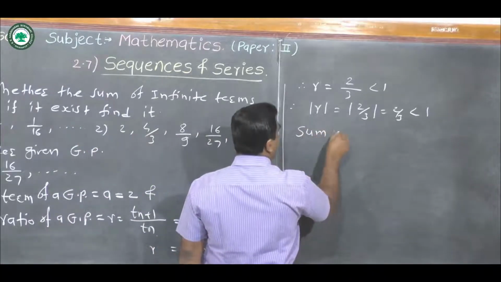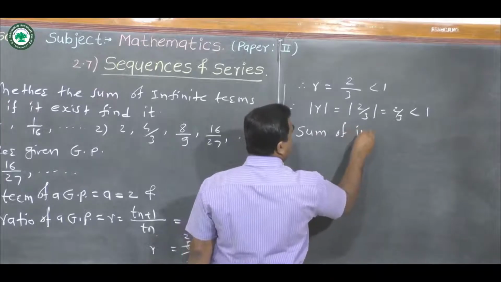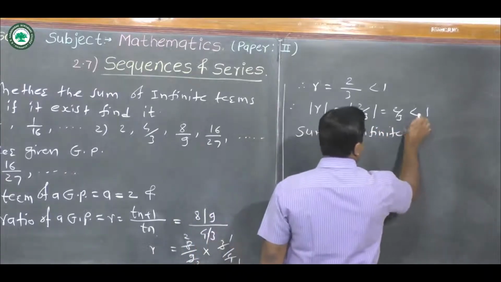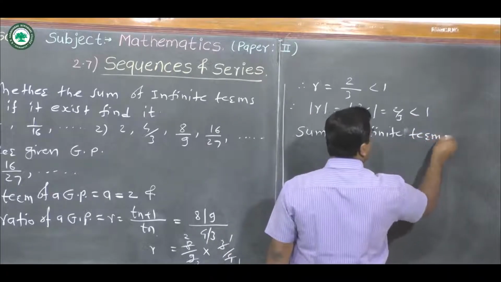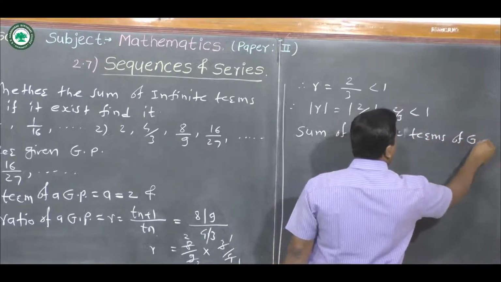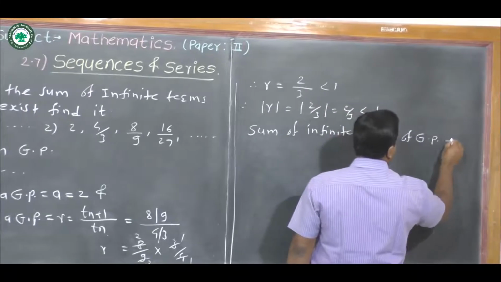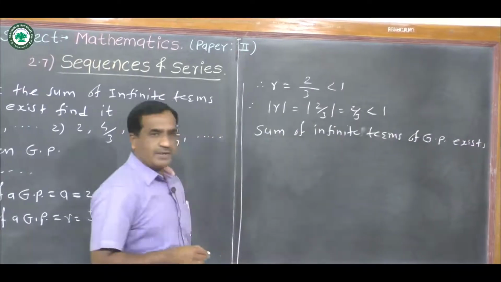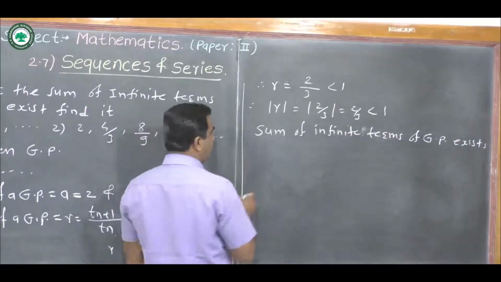Okay, therefore here also the sum of infinite terms of the geometric progression exists. Okay, if it exists, then we can find this.